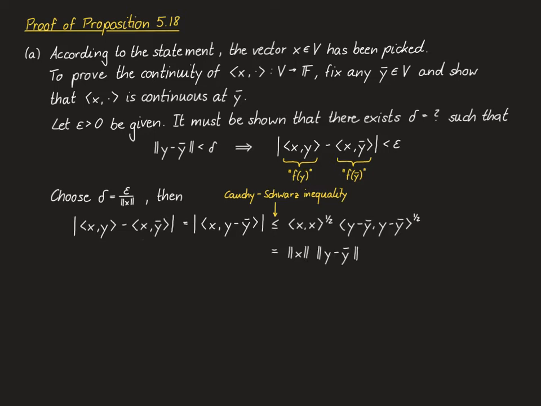So this is exactly the induced norm of the vector x times the induced norm of the vector y minus y bar. And now by assumption, this norm here is less than delta, where delta has been chosen as epsilon divided by the norm of x. So the norm of x cancels here and we get exactly what we need, namely that this is less than epsilon. Part B of this proof is analogous to part A and therefore omitted, and therefore our proof is complete.